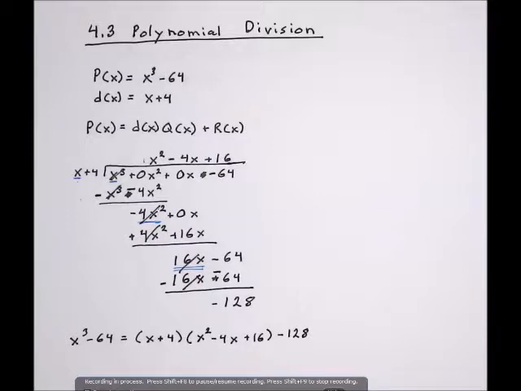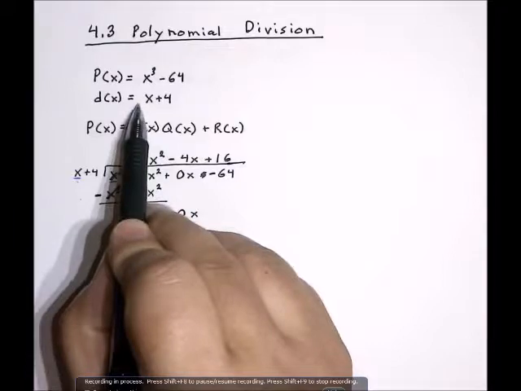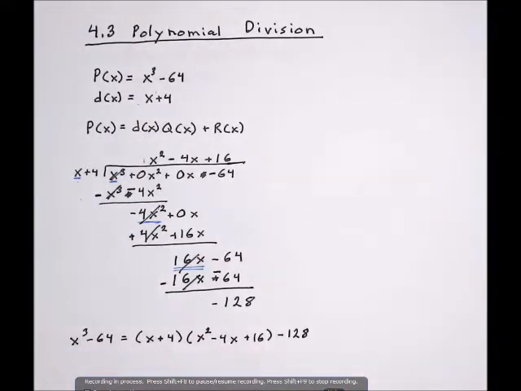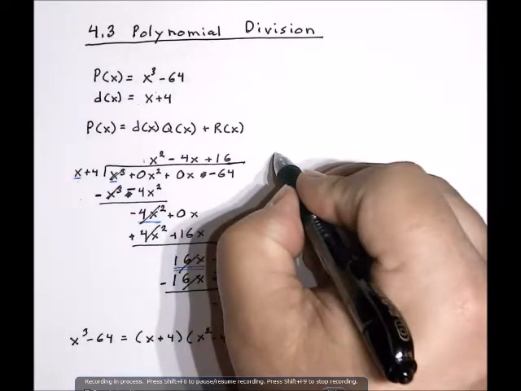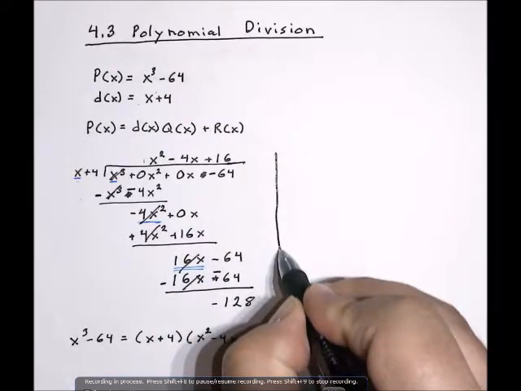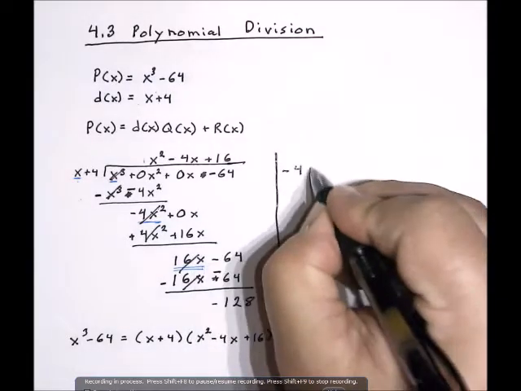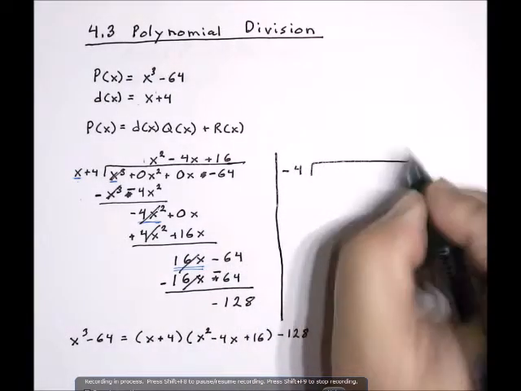Now there's an easier way to do this if you have a leading coefficient of 1 and an exponent of 1 on your divisor. And that's called synthetic division. So let's do a synthetic division problem. And we'll work the same problem.